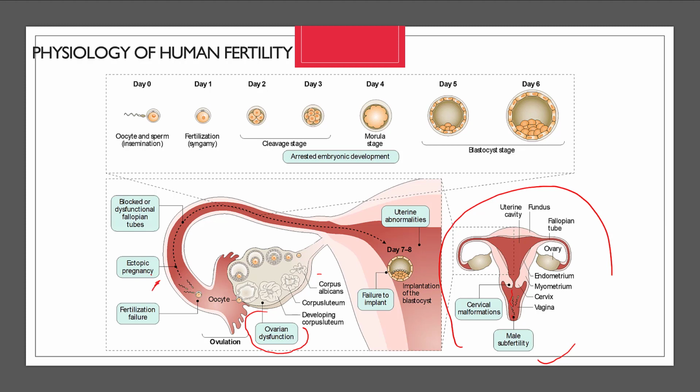Previous PIDs, chlamydia infections, tubal surgeries, pelvic injuries, all will end up with a problem in pregnancy. People who have blocked tubes are likely to have difficulty in allowing the sperm to swim to this part to fertilize a human oocyte, or even on their way back to the uterine cavity, the zygote can get stuck and then end up with ectopic.